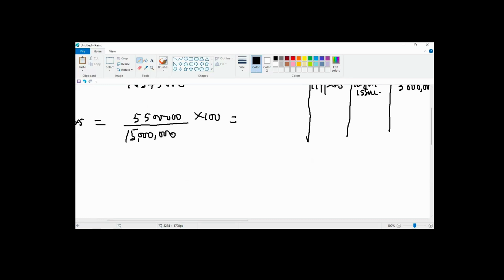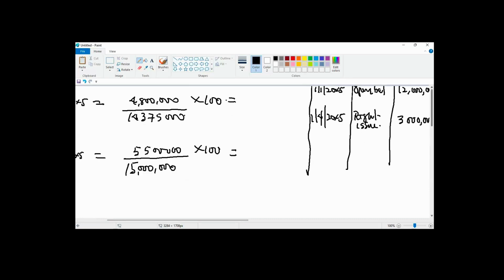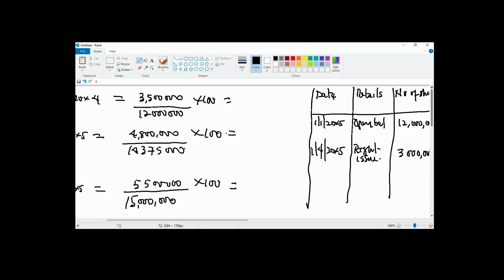I cannot get my earnings per share. 3.5 divided by 12 million and 4.8 divided by 14. What does it give us?